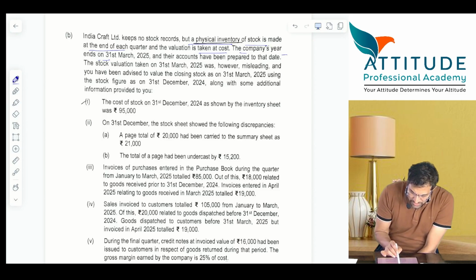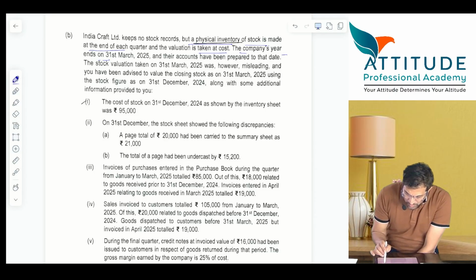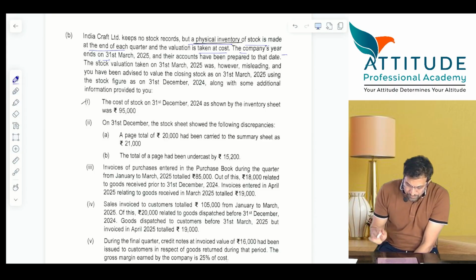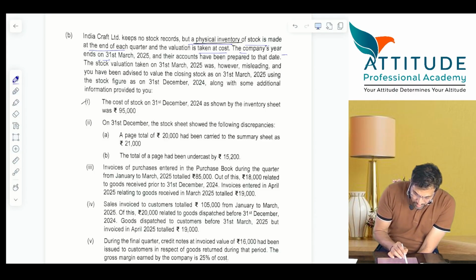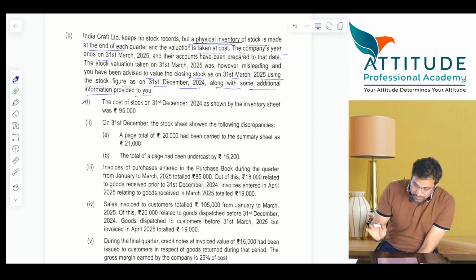The stock valuation taken on 31st March was however misleading and you have been advised to value the closing stock on 31st March 2025 using the stock figure as on 31st December 2024 along with some additional information provided to you.